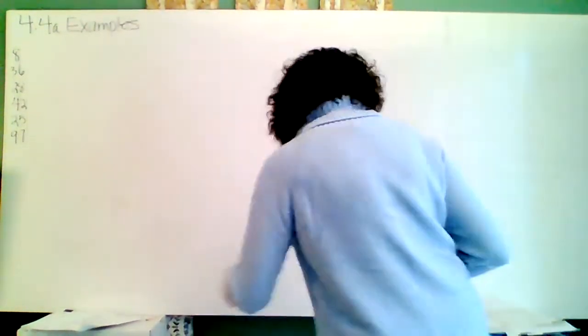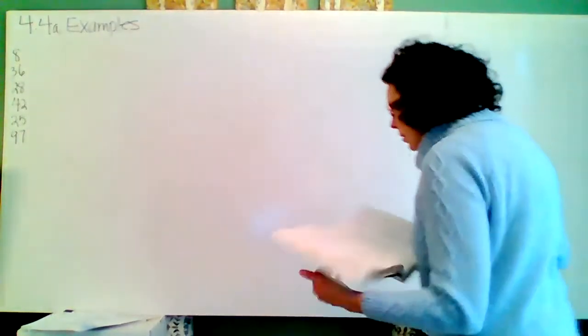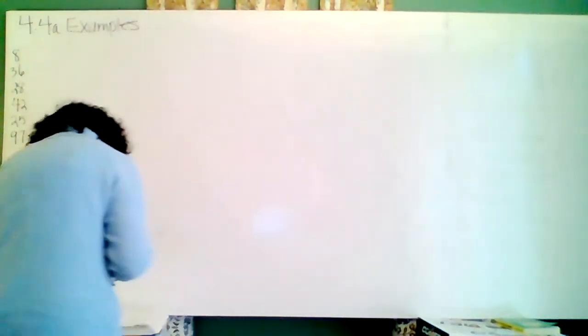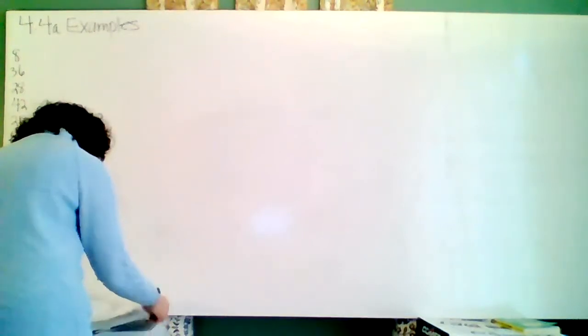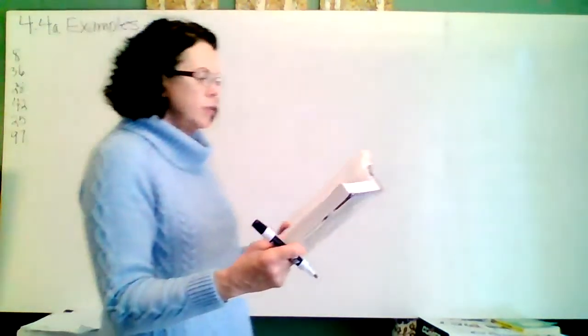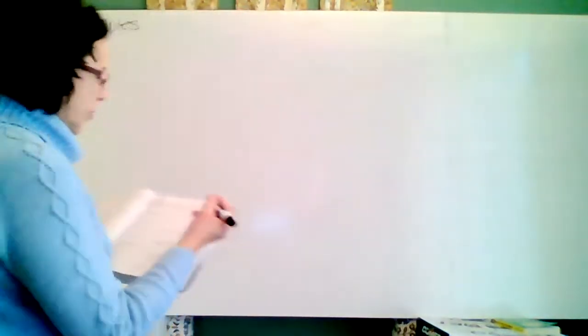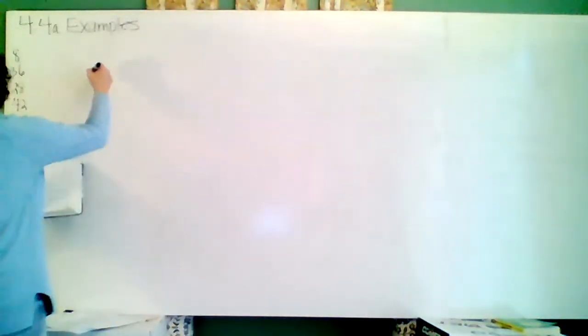So let's take a look at number 8 here. Let's get a marker ready. It says, evaluate the definite integral of the algebraic function and use a graphing utility to verify your result. So we're just going to do this analytically.